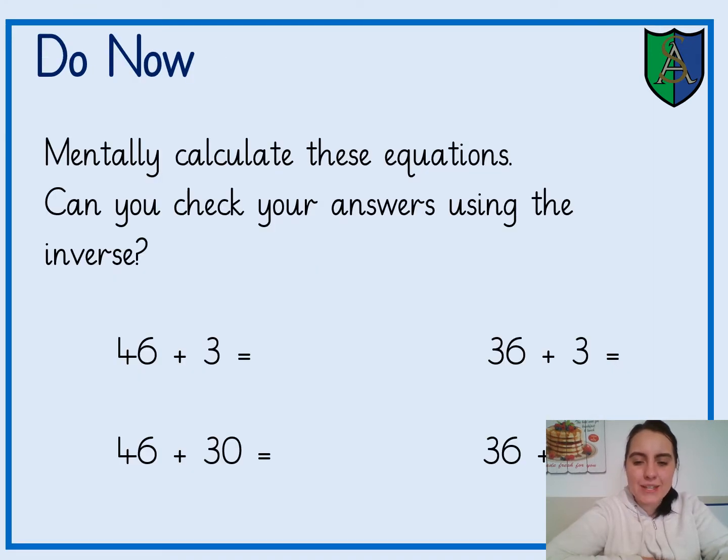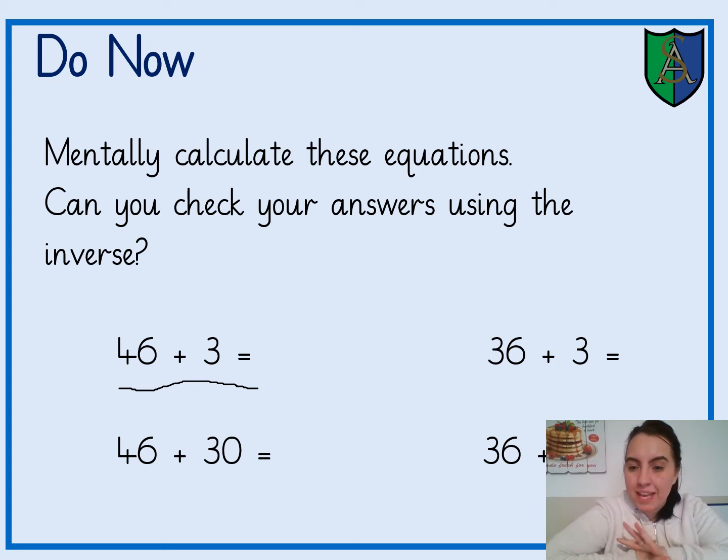Right, what I would like you to do now is have a go at calculating these equations, okay? So if I was mentally calculating this first equation, I'll just underline it now. If I was mentally calculating this, I would probably use my boxing in method, because I know that 6 and 3 is equal to 9.